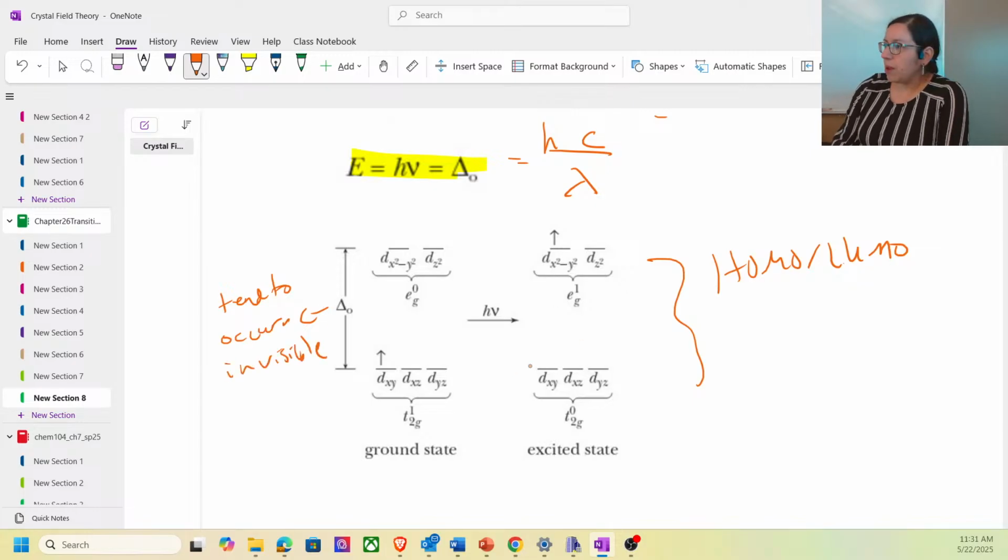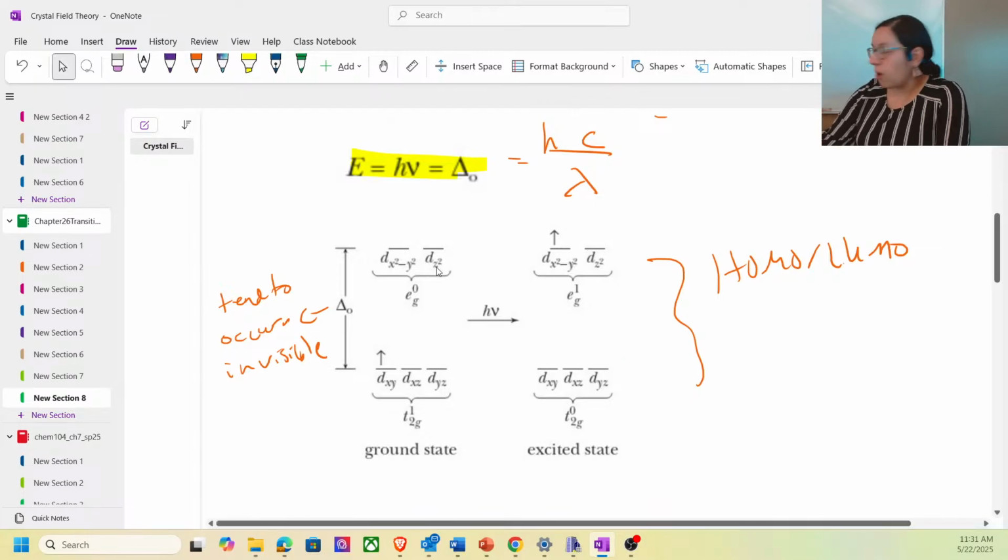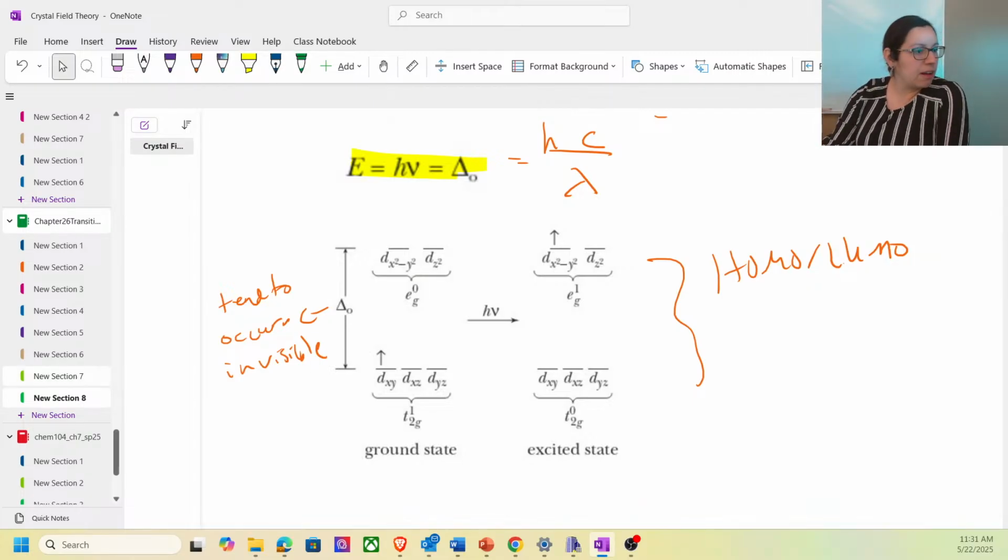Compared to our organic molecules, thinking back to that TLC lab where we had to use the UV light to visualize it, their transitions are in the UV. That's why they're white and colorless versus all these pretty compounds.